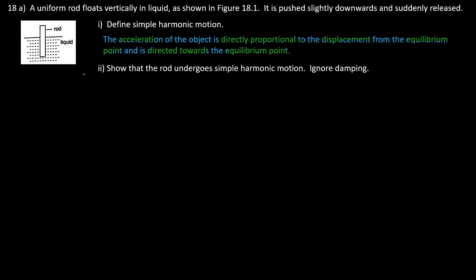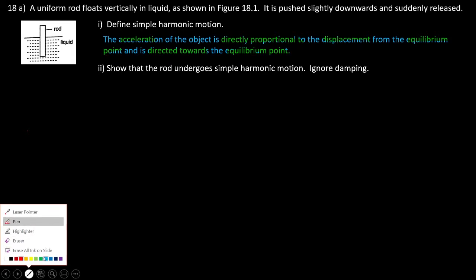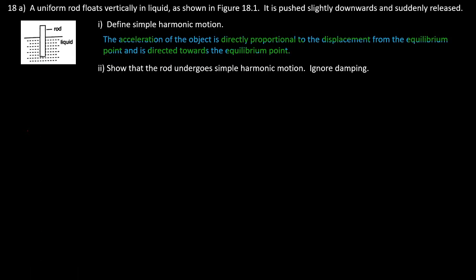Next question is, show that the rod undergoes simple harmonic motion, and ignore damping. So how do you prove that this rod, when it is pushed down and vibrates, has simple harmonic motion?